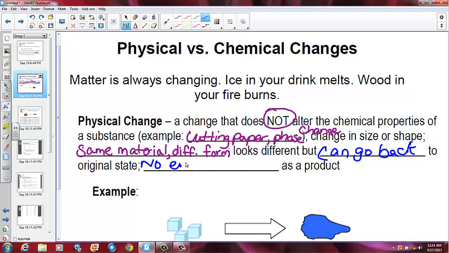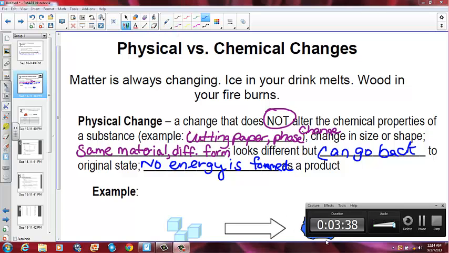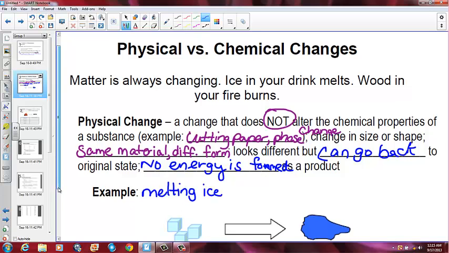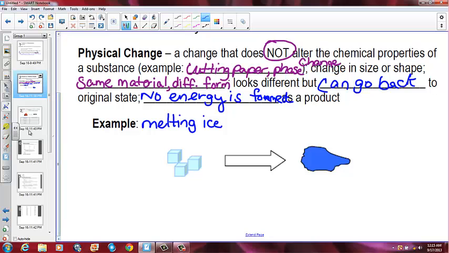No energy is formed as a product. An example of physical change, as we can see here, is melting ice. This is reversible, and therefore it is a physical change.